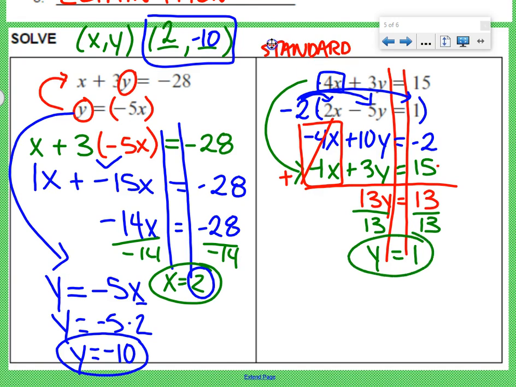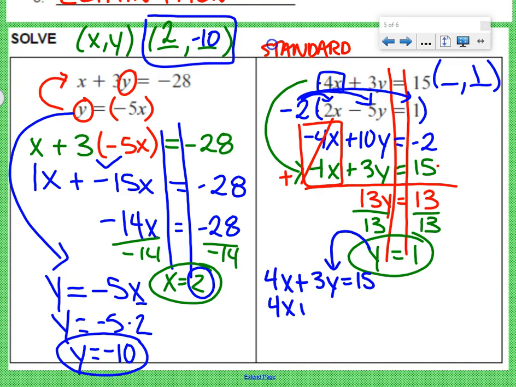Now again, for our solution, we need both x and y. We know y is 1. Now we need x. Choose either equation. I'll take the top equation. 4x plus 3y equals 15. Put your value in for y. 4x plus 3 times 1 equals 15. 3 times 1 is 3.